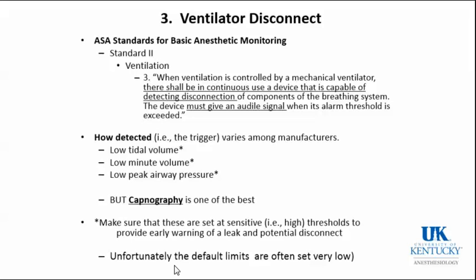One is by monitoring tidal volume, another is by monitoring minute ventilation, and another is by monitoring peak airway pressure. The latter, of course, assumes that all other things being constant, if tidal volume goes down, then the peak airway pressure will go down.